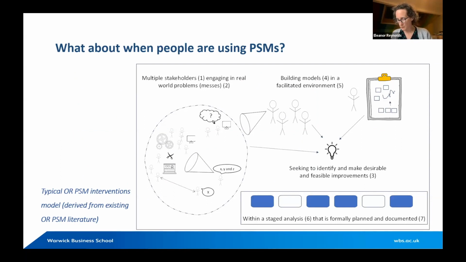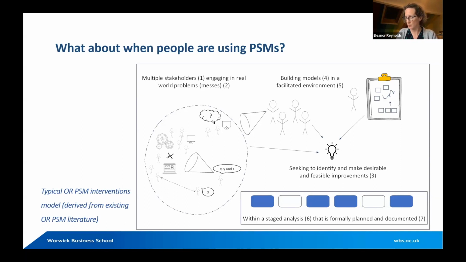And this added some further elements. So not only do we see the multiple stakeholders, the engagement in real world problems, and the seeking to make an improvement, we're also then seeing that they're building models in facilitated environments within a staged analysis that is formally planned and documented.